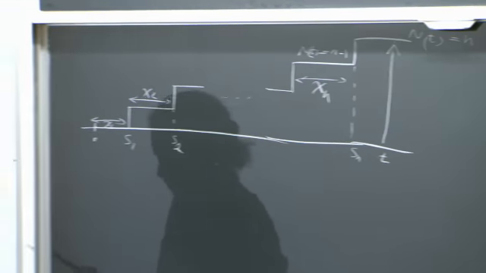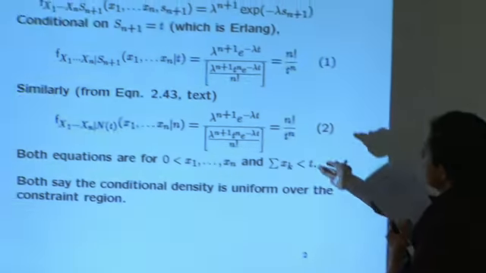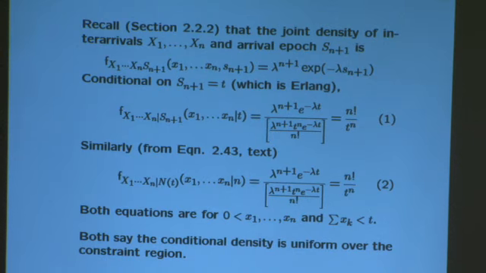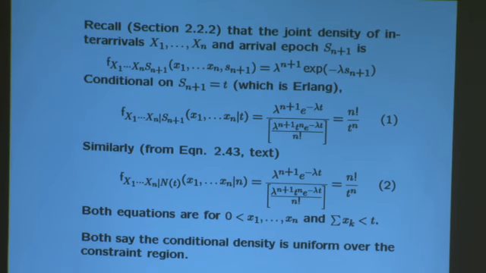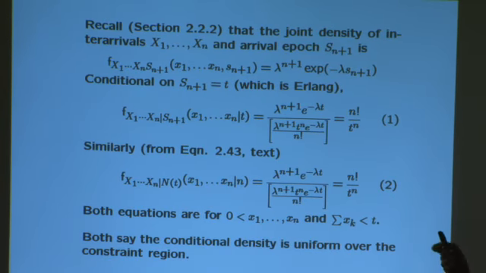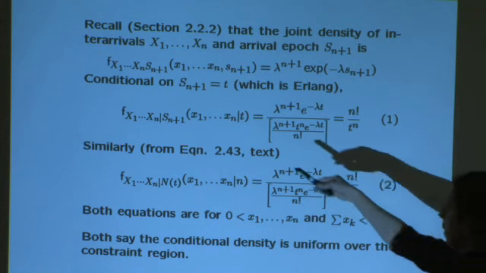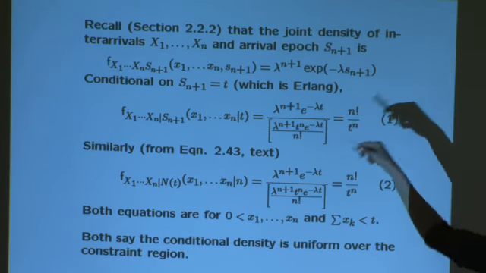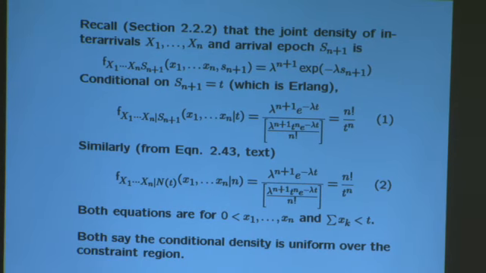For the first equation, we want to find the conditional distribution of the inter-arrival times conditioned on the last arrival time instant. First of all, we want to find the joint distribution of the inter-arrival times and the last arrival.